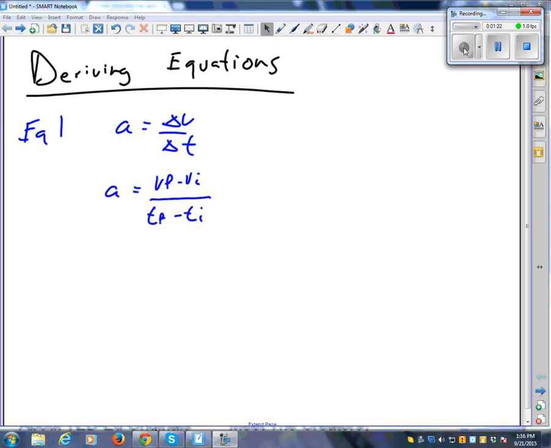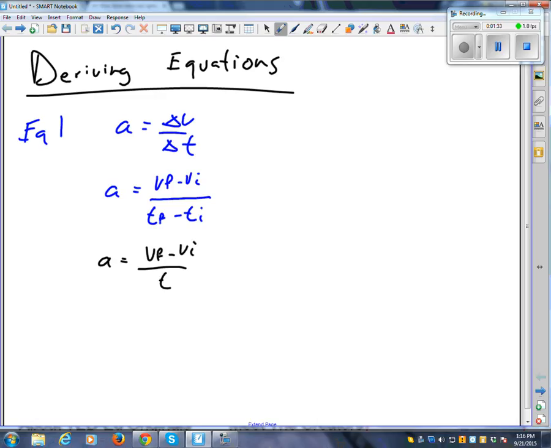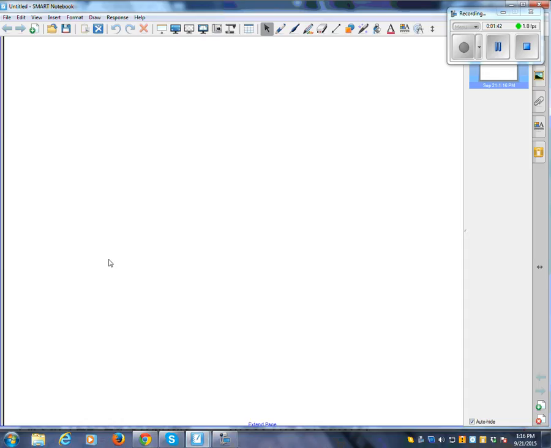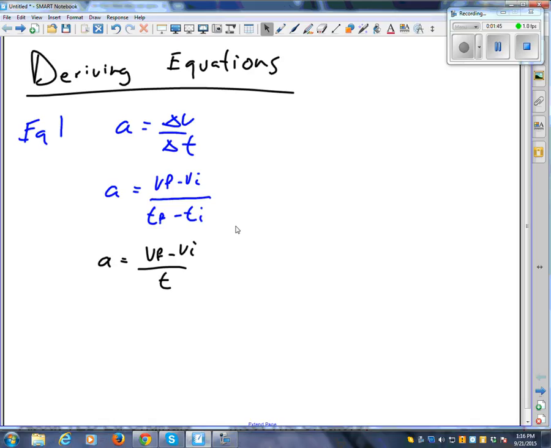So I'm just going to rewrite this as a equals Vf minus Vi over T. I'm just going to call Tf, T, time elapsed. Some books like to leave it as delta T. I'm going to try and simplify it so that there's less confusion.